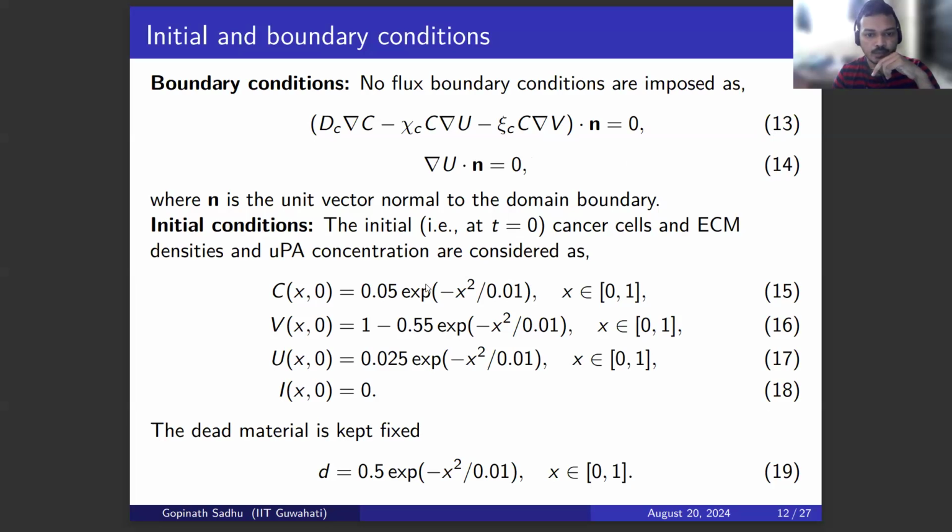And one of the interesting things is in the initial condition, in equation 15, we can see that a very tiny amount of cancer cell is considered, and the dead material D is kept fixed here and is present in greater amount, and initially the inosine concentration is kept at 0.